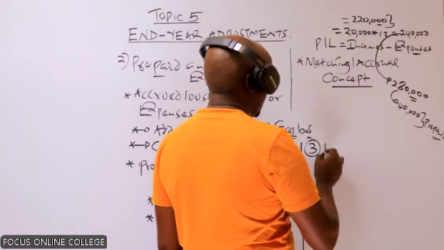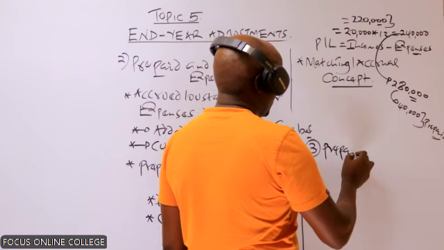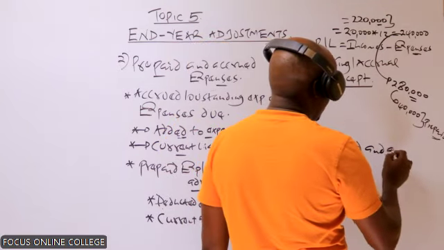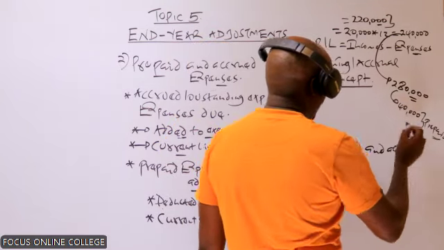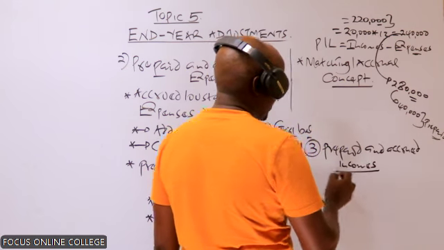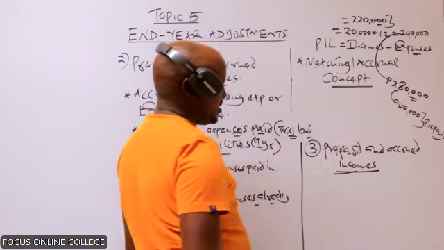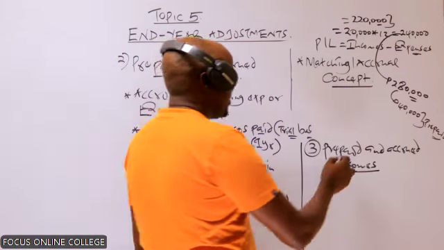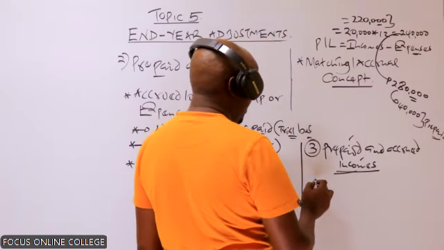Okay. So next, let's proceed and move on to prepaid and accrued incomes. I will start with the prepaid incomes.